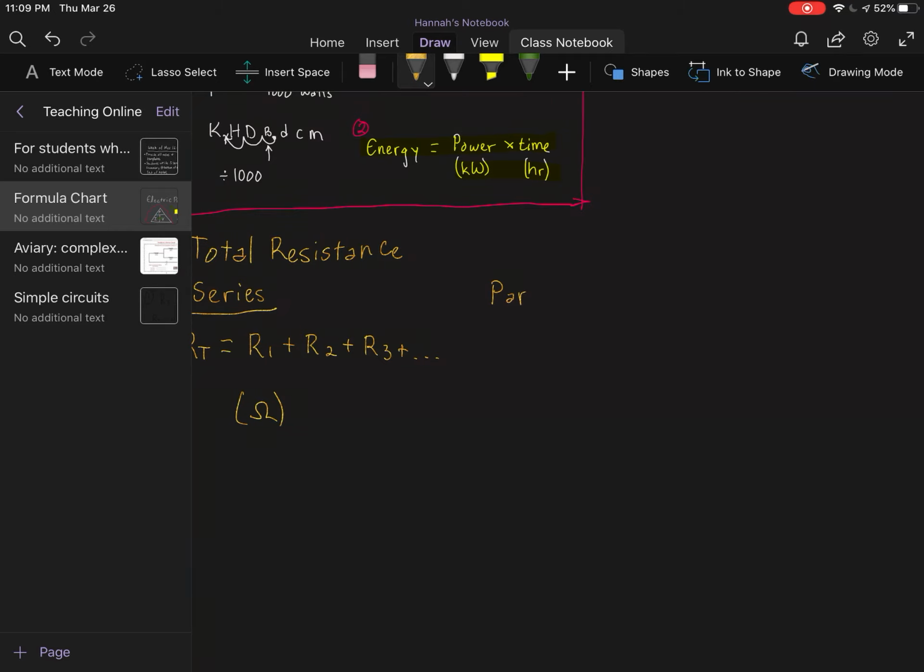And then for a parallel circuit, to find your total resistance, you actually have to take the reciprocal of all of your individual resistances. So you have 1 over R1 plus 1 over R2 plus 1 over R3, and so on.